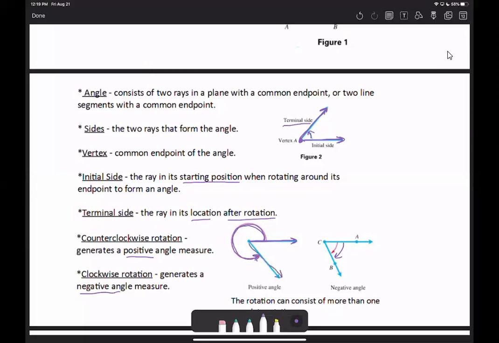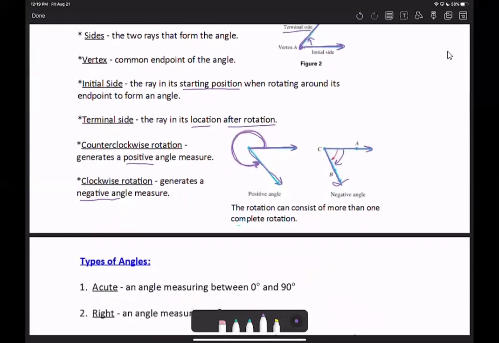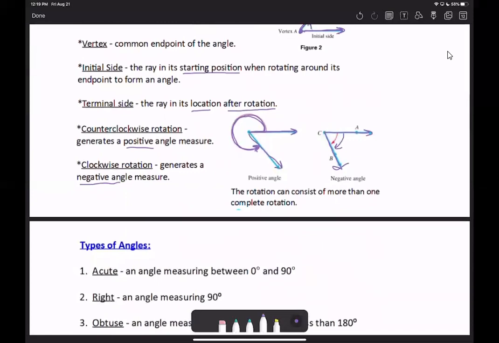Think of terminal as terminates. This particular ray is the initial side, CA, and the terminal side is CB. A rotation can consist of more than one complete rotation. Instead of stopping at CB, the angle could keep rotating around multiple times.